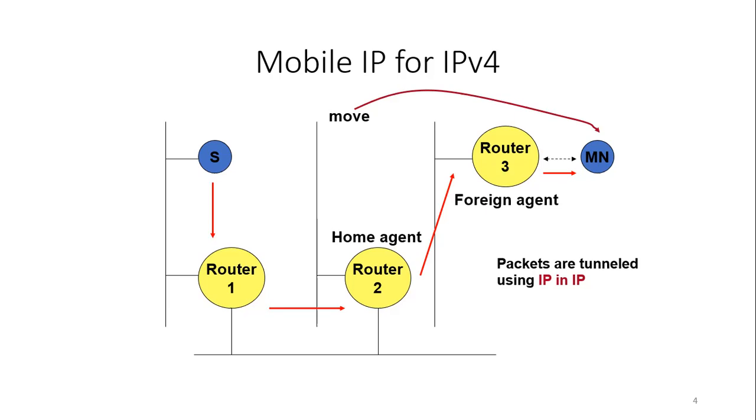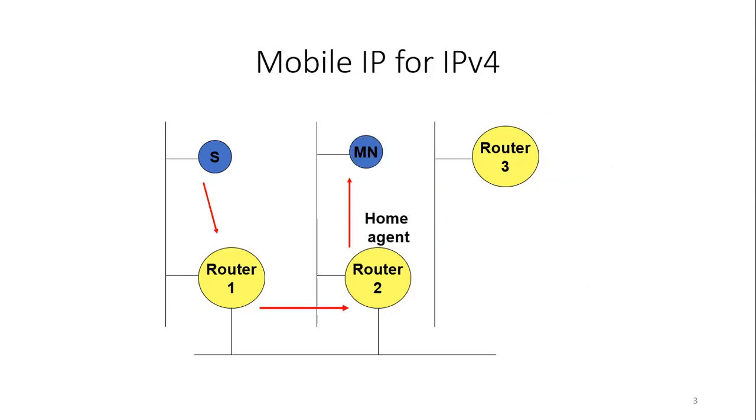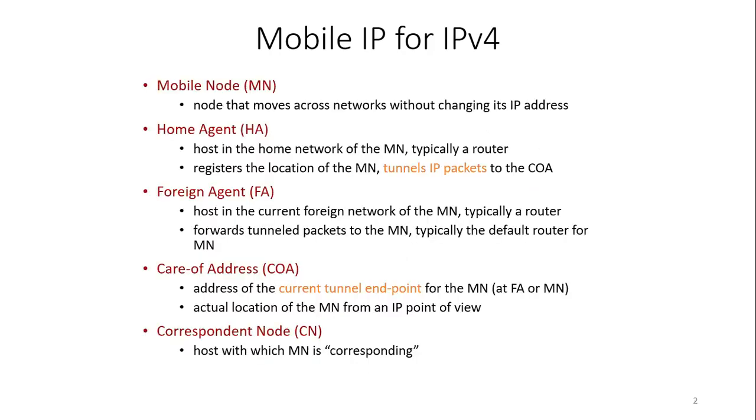But you need somehow to receive a packet with some identity. Like, if you are changing your location, but the postal system is not updated, then you cannot get your letter. So this is a problem with mobility, and we'll now see how it is taken care of. Something called mobile IP is used.